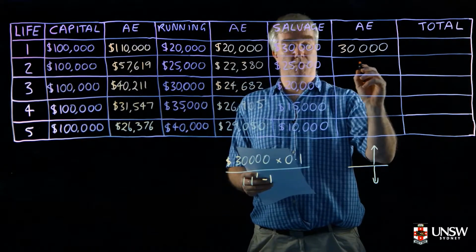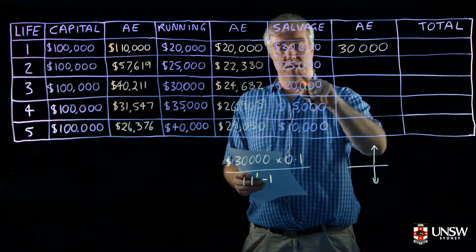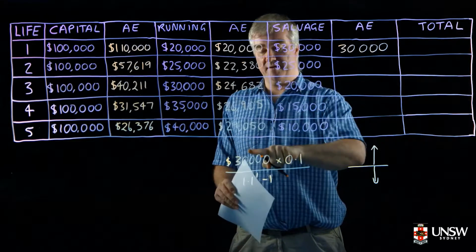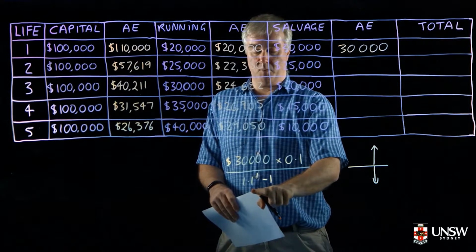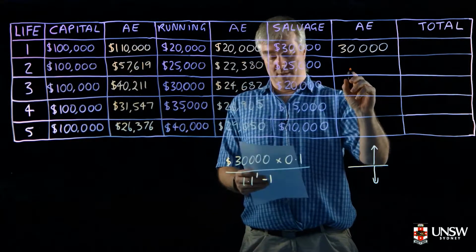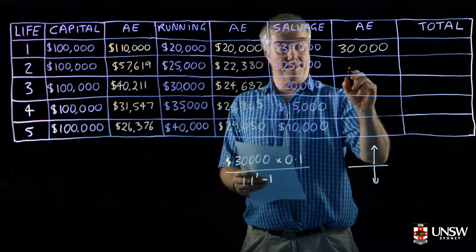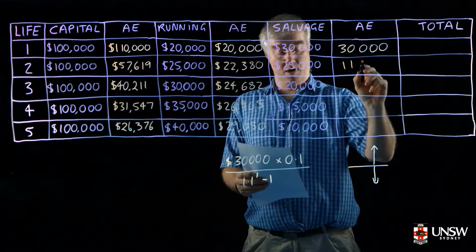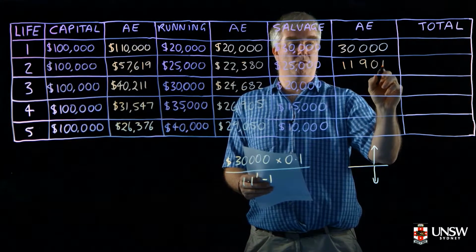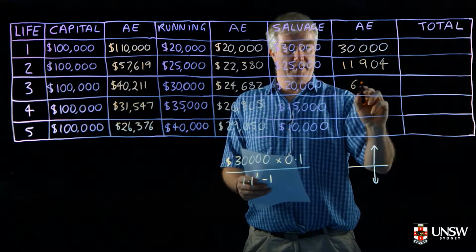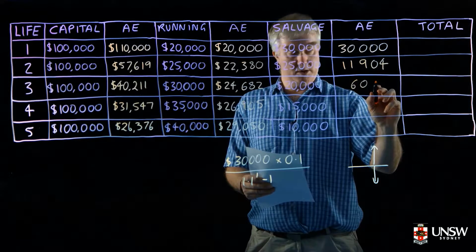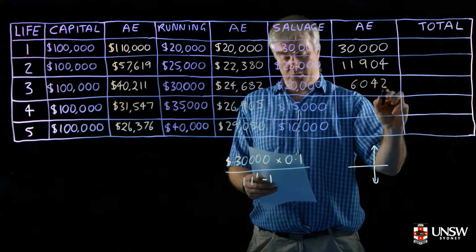But when we go and replace this with a 2, what we're going to find is we will get smaller numbers. So we're going to put in $25,000 times 0.1 times 1.1 to the power of 2 minus 1 gives us 11,904. We use this one for 3 years, we get $6,042.